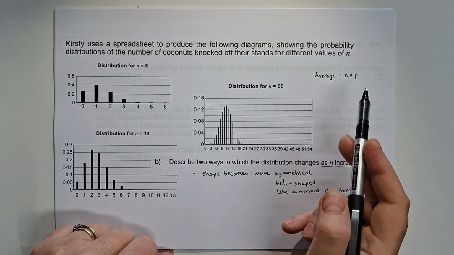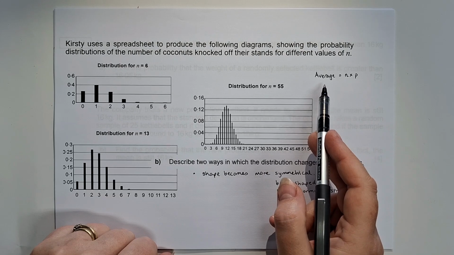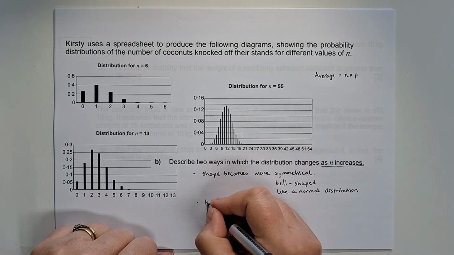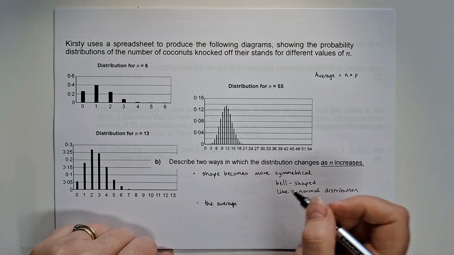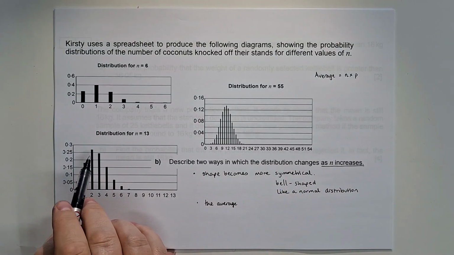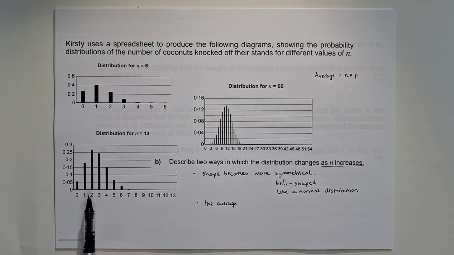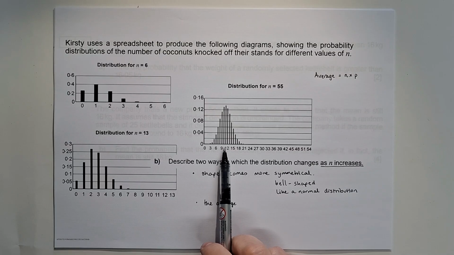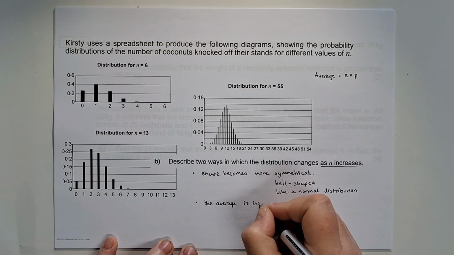Okay, now the p isn't changing, but the n's increasing, so that means the average number of successes is increasing. And that's visually basically where the peak is. Okay, so the peak there is at 1, then the peak looks like it's at 2, then the peak looks like, gosh, can't really tell there, maybe somewhere around 12. But the average is increasing.